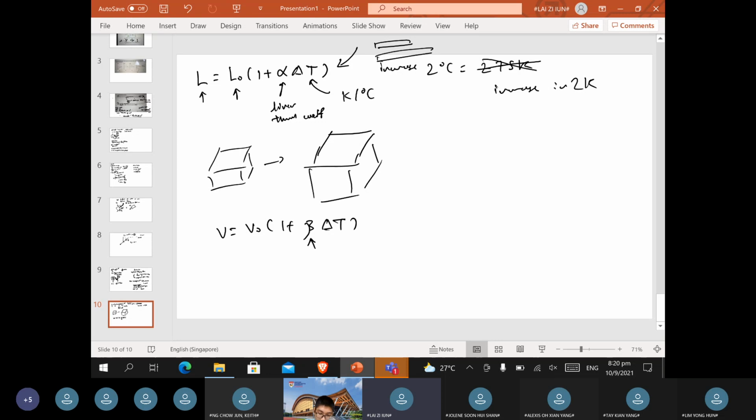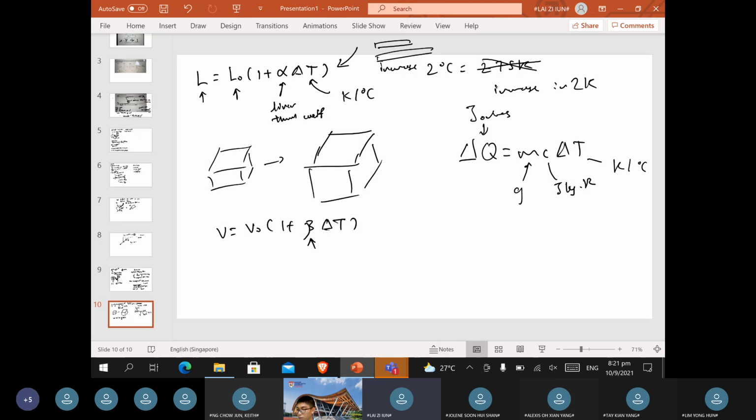Okay, so other than this, the last equation, I think, for the first part that we need to know is the heat transfer energy equation, C delta T. So this basically states that a change in energy, so this is in joules, is equal to the mass of the object in grams times specific heat capacity, joule per gram Kelvin, times the change in temperature, in Kelvin or degrees Celsius.